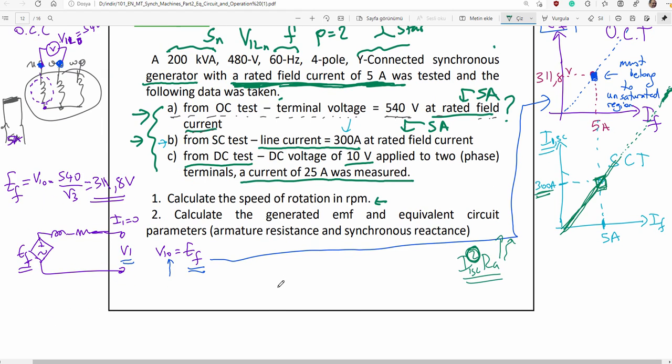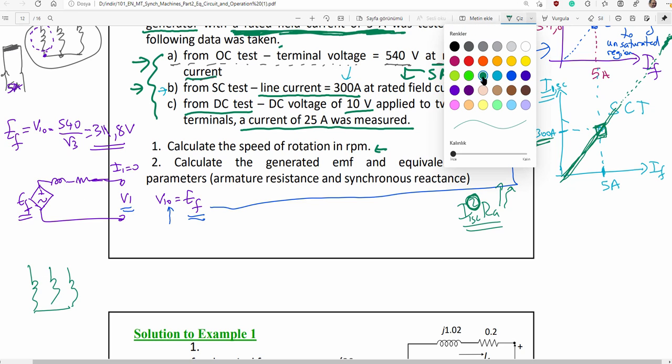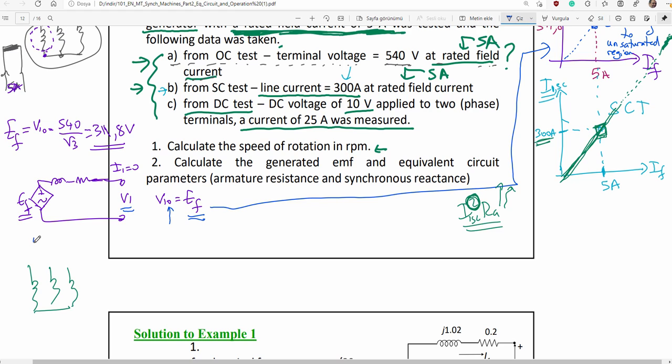Okay, now we are ready to make some calculations. From the DC test, again, something must be interpreted. From the DC test, here are the electric terminals, one phase. You apply 10 volts DC. Here is a voltmeter showing 10 volts DC.